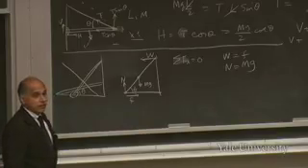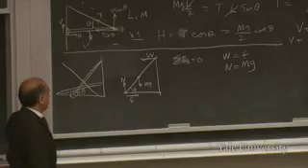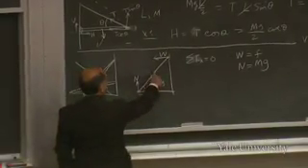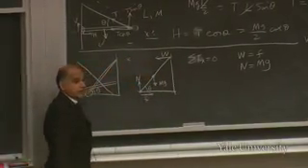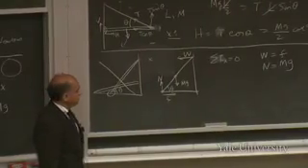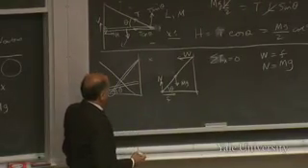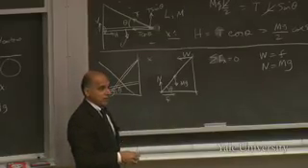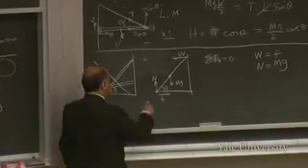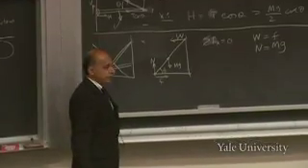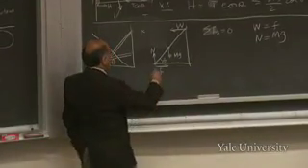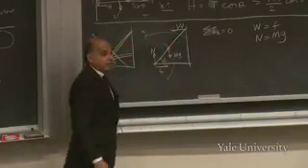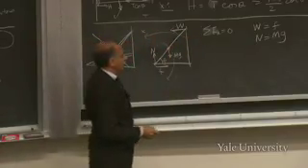All that is left is the torque, and that's where you have the choice. You can take the torque around any point you like. If you want to really punish yourself, you can take a torque around some crazy point, and then N and F will all come into the problem, and you will have to work that much harder. So the trick again, take the torque here. Then N and F are gone, and what do I have? I have mg trying to rotate it this way, I have W trying to rotate it that way. I'm just going to balance the magnitudes of the two torques.